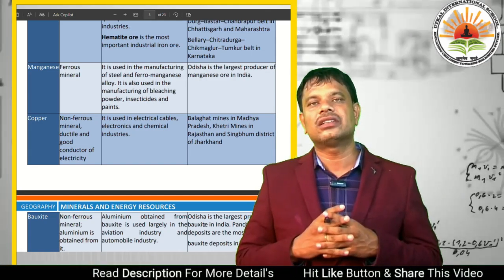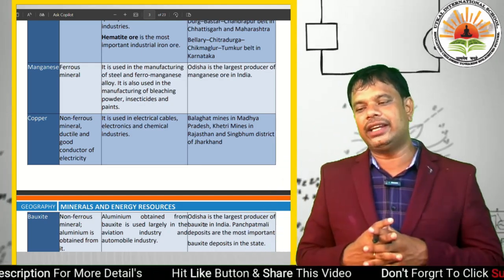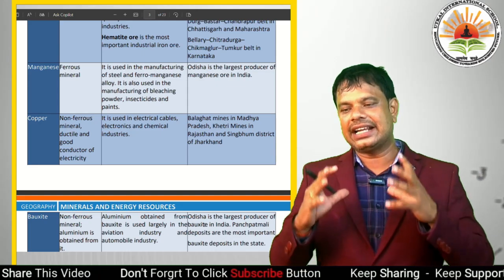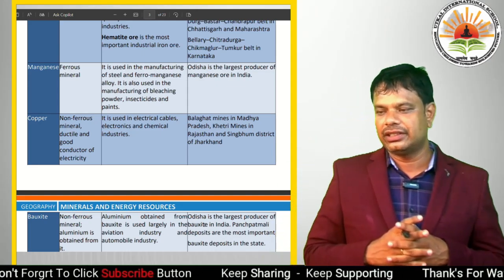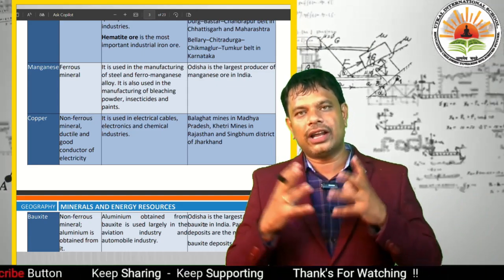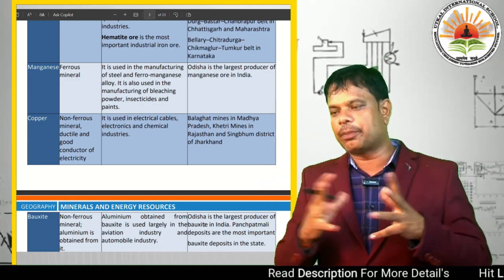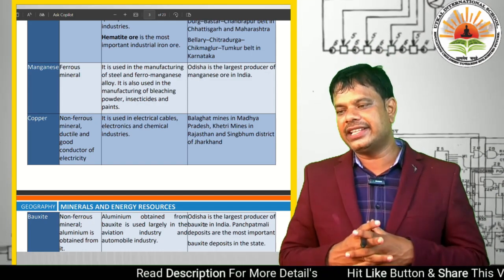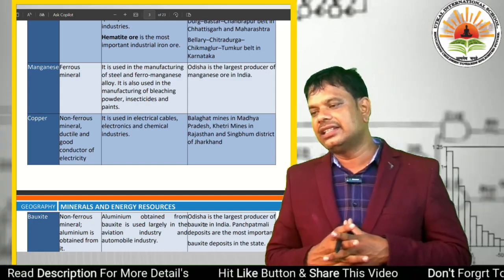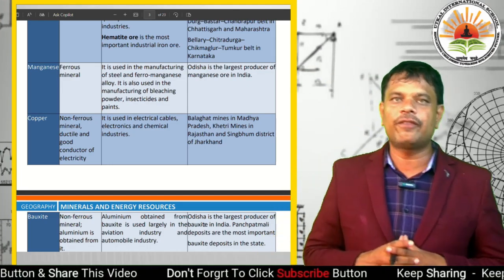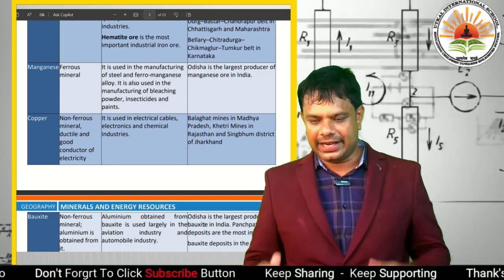Dear students, copper is used in electrical cables, electronics and chemical industries. In our country we find Balaghat mines in Madhya Pradesh, Khetri mines in Rajasthan and Singhbhum district of Jharkhand, where we find copper mineral.